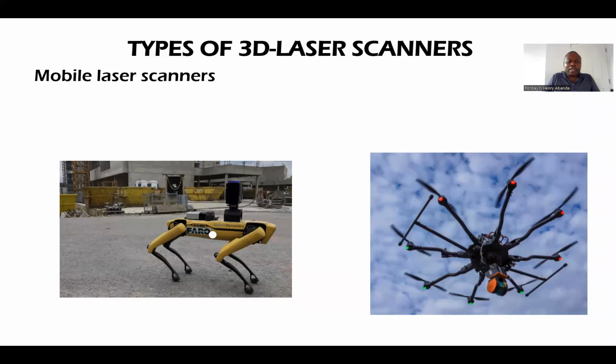Take note of the word mobile here. It's a bit confusing with the last category of scanners. Here, literally, we're saying that the scanner is mounted on an object that is moving, such as a robot or a drone, okay? And then it can move around and scan the intended target.